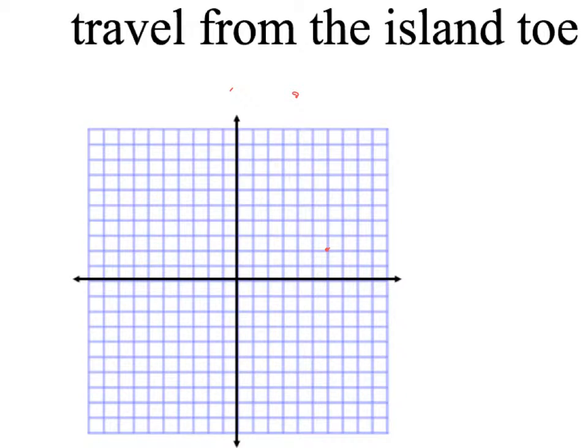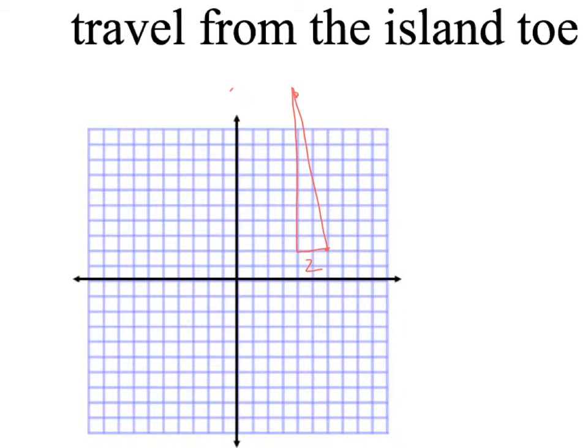Because it went off the graph, we can still solve the problem, but we're going to need to remember when we're counting that we went off the graph by 2. So there's 2. As I count my boxes, 1, 2, 3, 4, 5, 6, 7, 8, 9, 10.